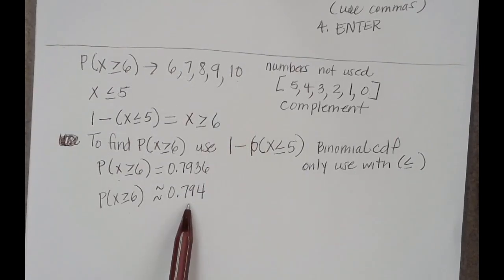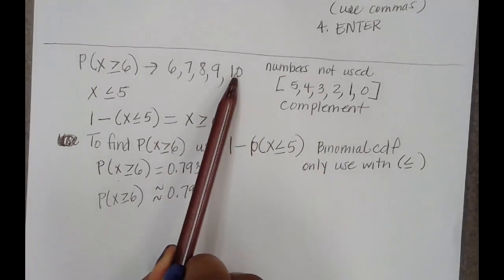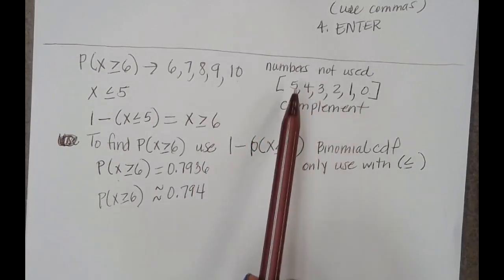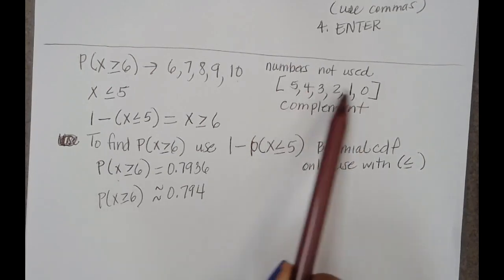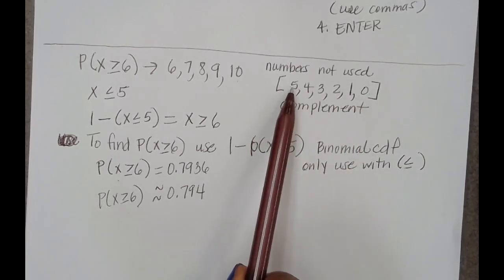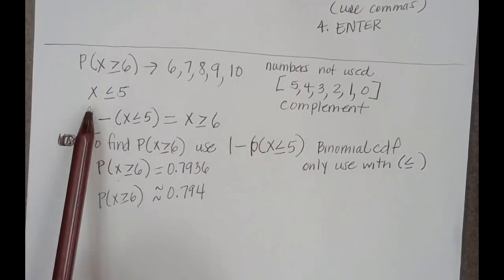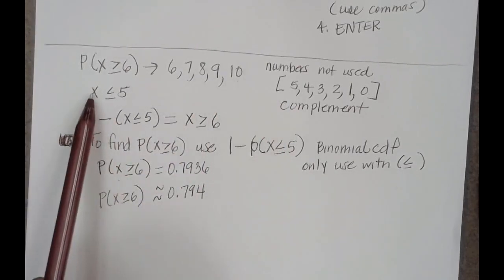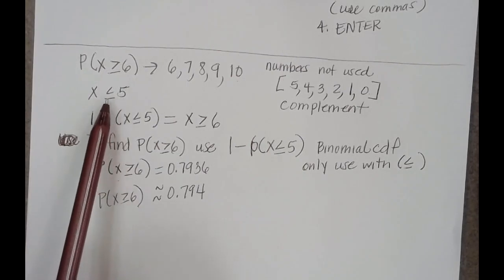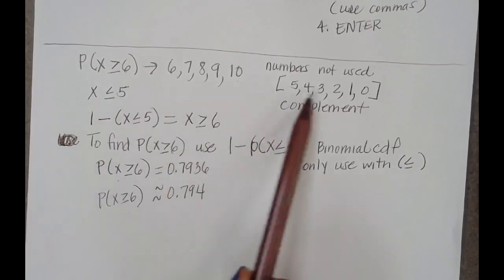Or I can consider, if I want these numbers, what am I not considering? I'm not using the numbers 5 and lower than 5, including 5. So I can rewrite the complement as X is less than or equal to 5. Remember, less than or equal to, X can be 5 and X can be everything smaller than 5.